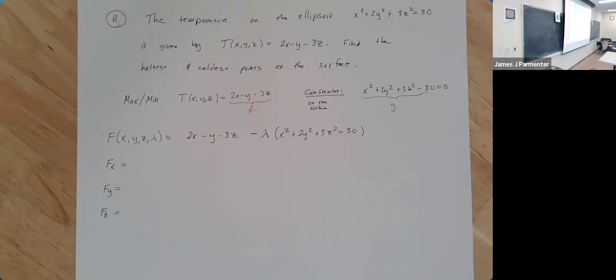So now pick any two, set them equal to each other. You're not trying to get x equal to 2 or 3, you're trying to get x in terms of y or y in terms of x. Exactly. So you set these two equal to each other, and you only typically need two.